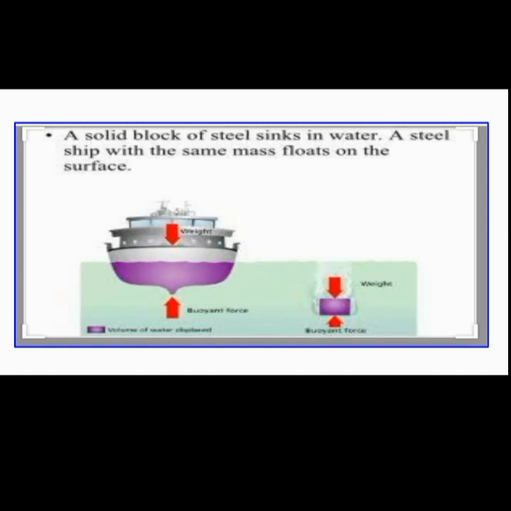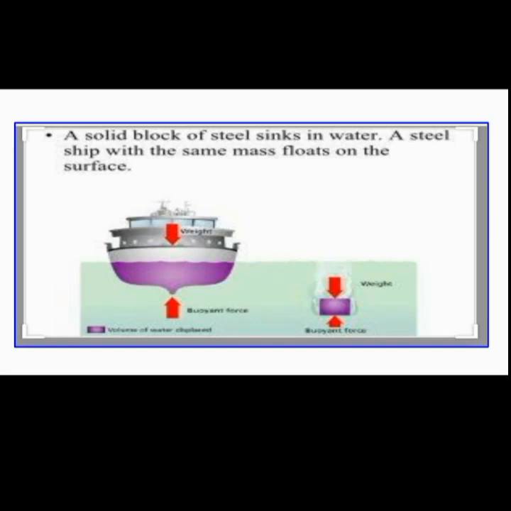A solid block of steel will sink in water, whereas a steel ship with same mass floats on the surface. Why? They are having equal mass. So we expect same density. But it is not so. It is because they differ in their volume.